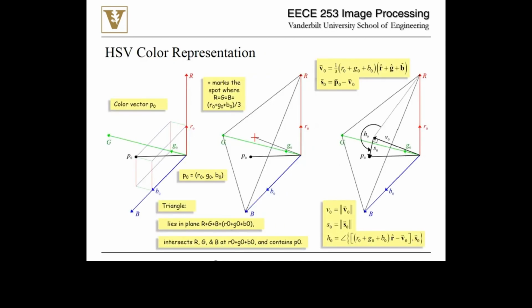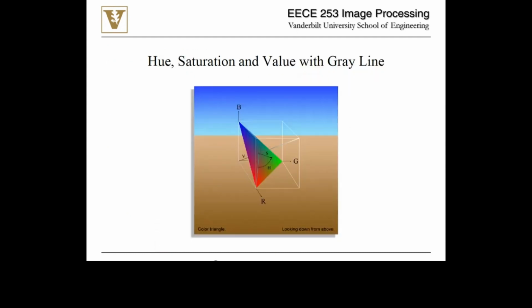Okay, so now, which information does the S vector bring to us actually? Say it again. Which information does the S vector bring to us? Okay, so let's say that I want to reach that point. Okay, that is the color I want to reach.